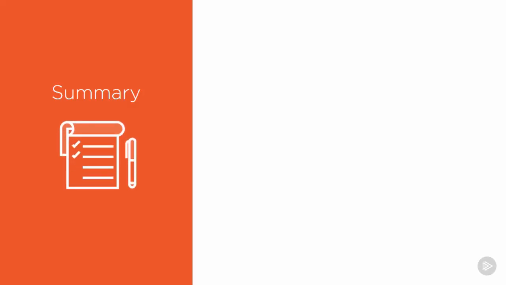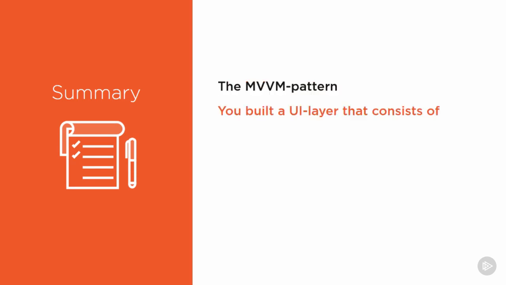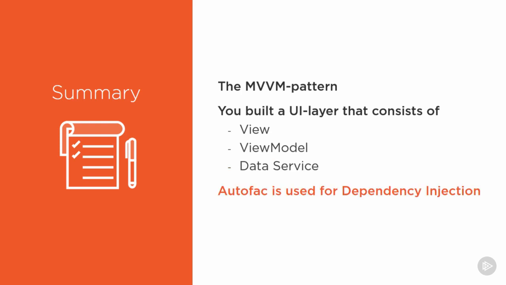In this module you have learned about the basics of the MVVM pattern. You have built a UI layer in the Friend Organizer application that consists of a view model and a data service. The view's constructor takes a view model and the view model's constructor takes a data service. You have learned how to set up Autofac to use it for dependency injection.